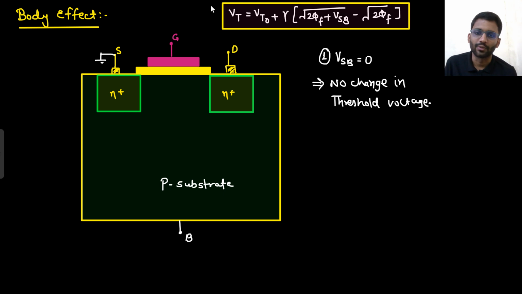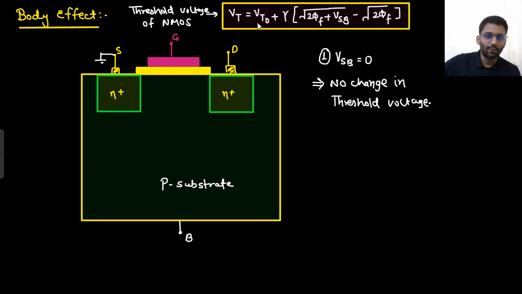This is the threshold voltage of NMOS. What is this Vt naught? That Vt naught is that 0.7. If I put Vsb equal to 0, I will get Vt equals Vt naught.